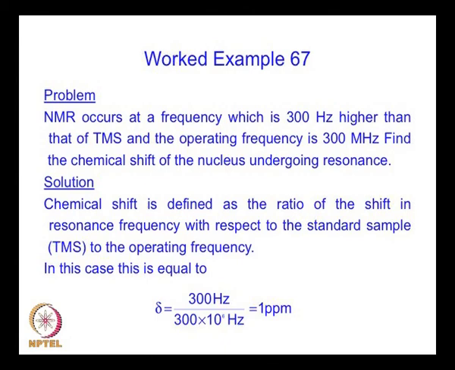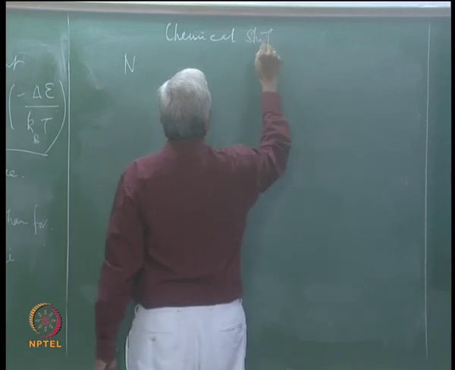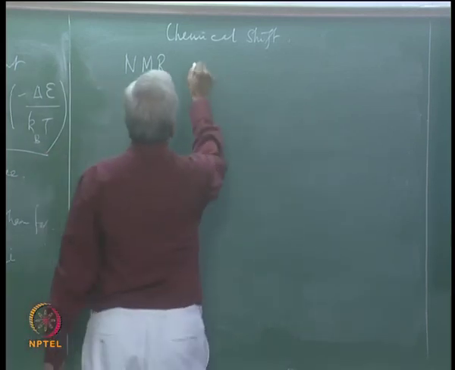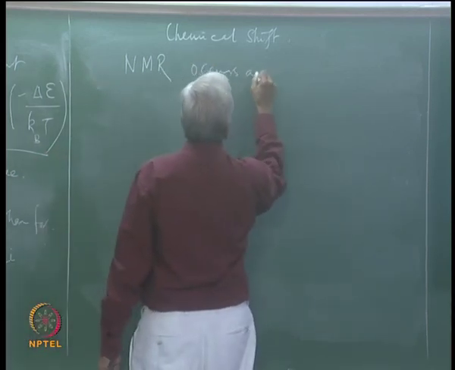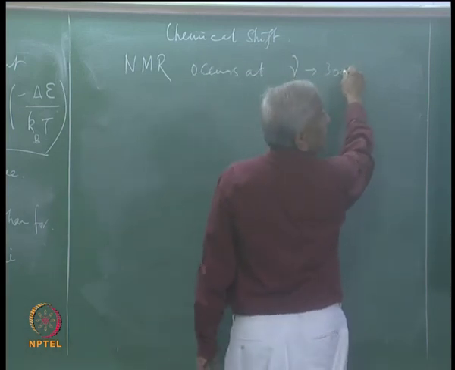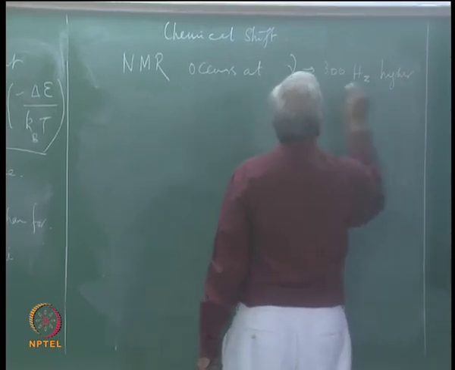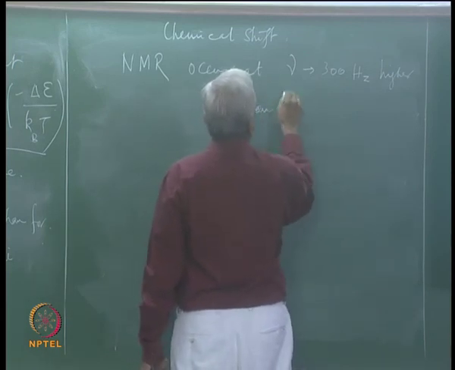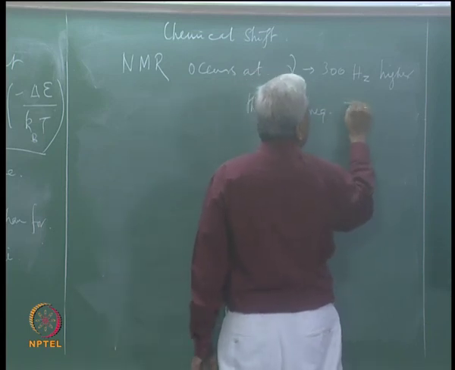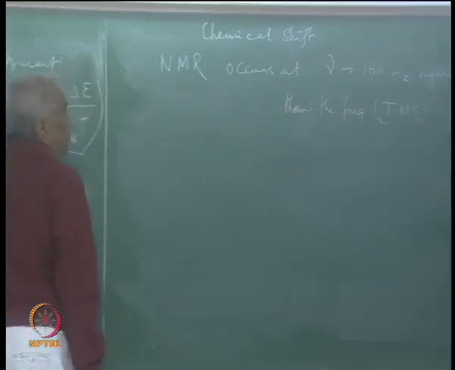We are told that the NMR occurs at a frequency 300 hertz higher than the frequency corresponding to a standard sample, which is tetramethylsilane, TMS.